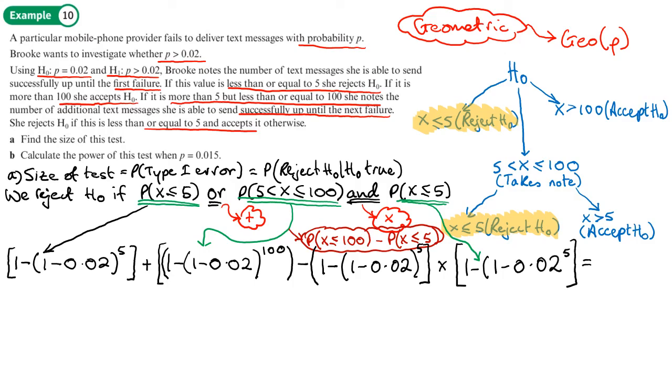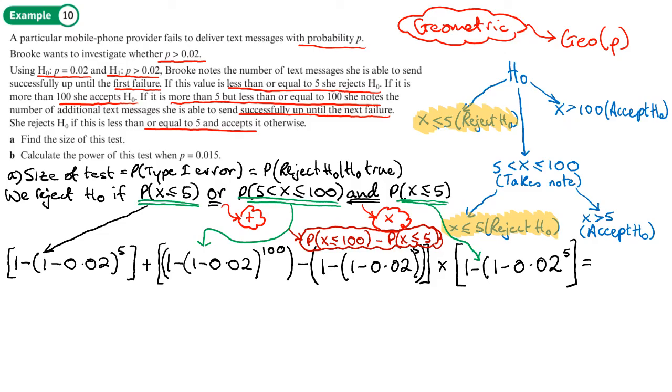We're going to work all of that out on our calculator, being very careful with brackets, which means I need to add another bracket here, and I want another bracket here. And let me put the cloud back.